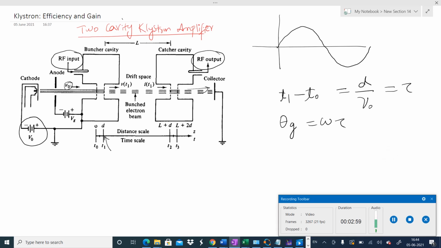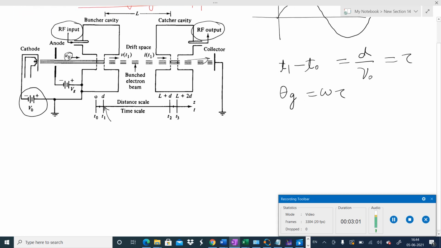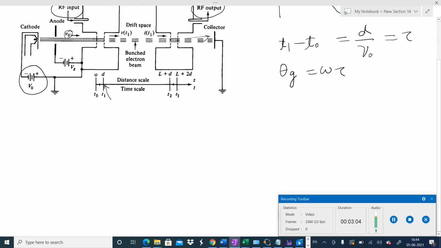We also derive the average microwave voltage in the buncher gap, by averaging it over the transit, and finally we get this expression.